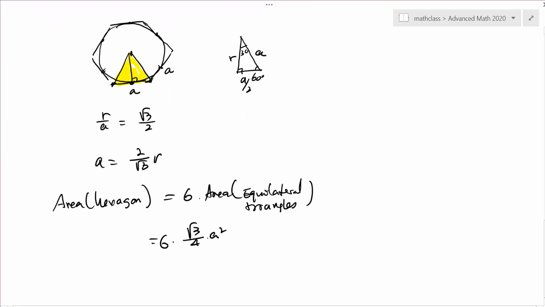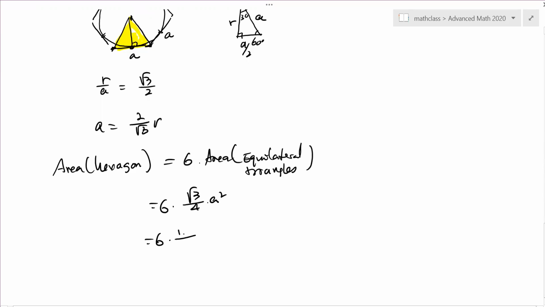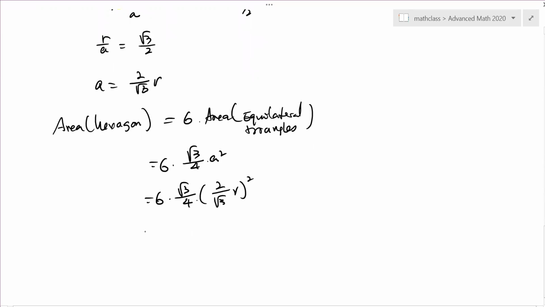That's the formula. Then you plug them in, and you get 6 times square root 3 over 4 times 4 over 3 times r squared. The 4s cancel out, so it's 2 square root 3 r squared.